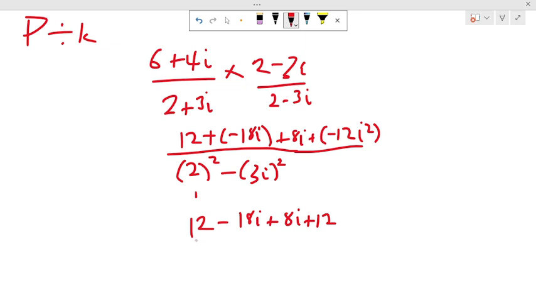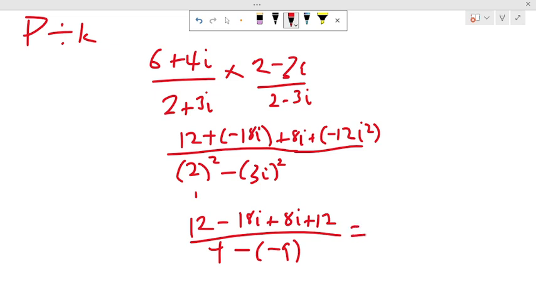Then we are going to get divided by 4 squared minus 3 squared, which is 9, multiplied by i squared, which is negative 1, right? So we are going to get this place to be negative 9.